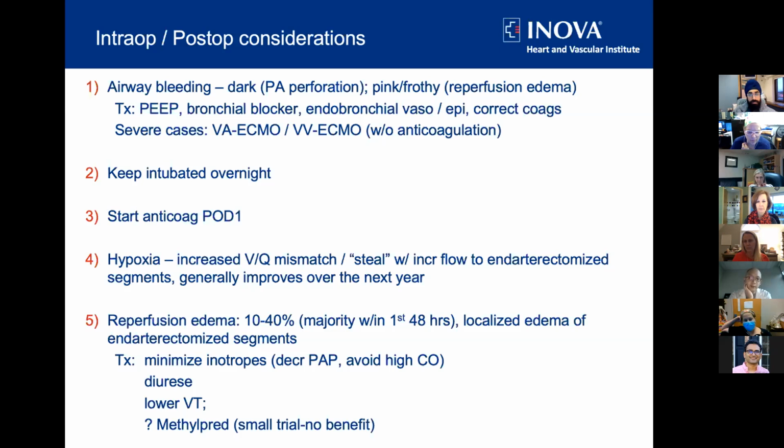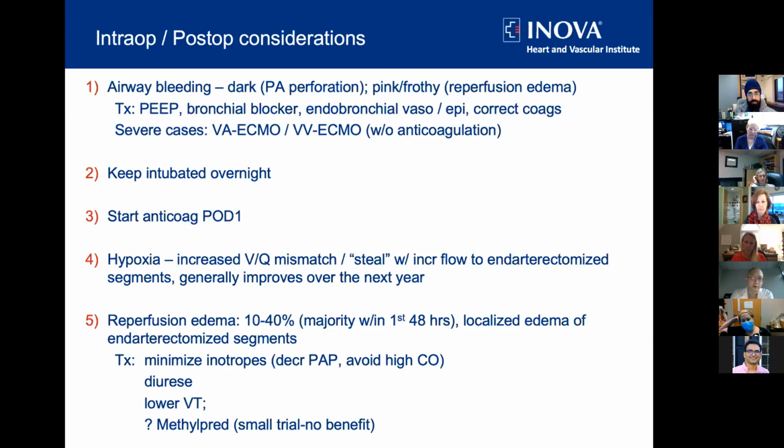And from a tidal volume standpoint, in contrast to the typical 6 to 8 per kilo, we try to keep the lungs more inflated, and they recommend 8 to 10 per kilo to keep the airways stented open.